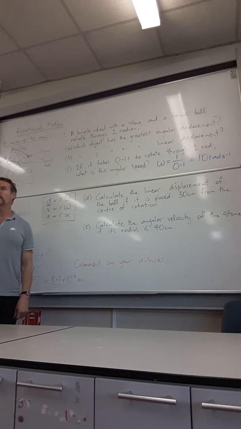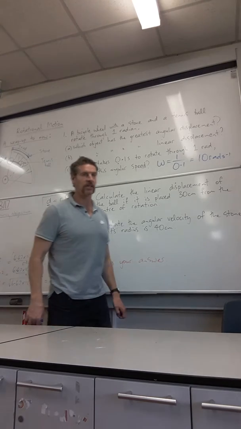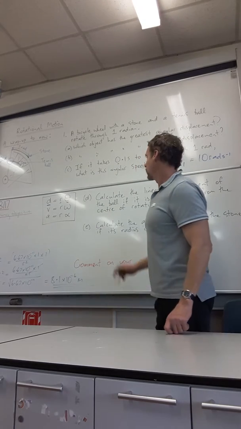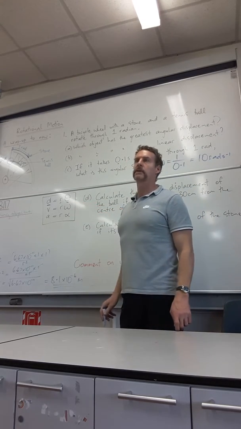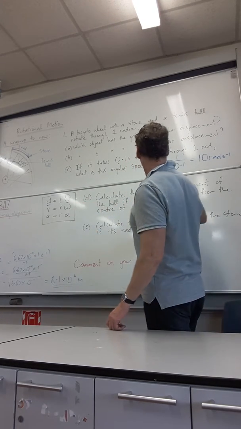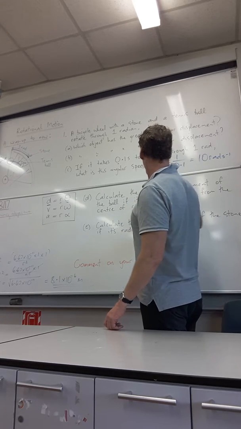Linear displacement. We've been used to using D for a long, long time. What's R? R is the radius to the object from where it's pivoting, the pivot point. What's theta? This is the stuff that you've got to now try and remember. Theta is angular displacement.